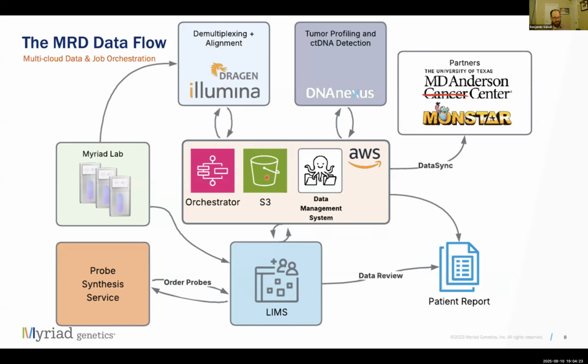Dropping those files in the S3 bucket causes S3 events to propagate to EventBridge. More of this will be covered later. Those get registered to our data management system, and at the same time, these also get registered with DNAnexus on Storage 2.0. So those can be seen inside of a DNAnexus project.